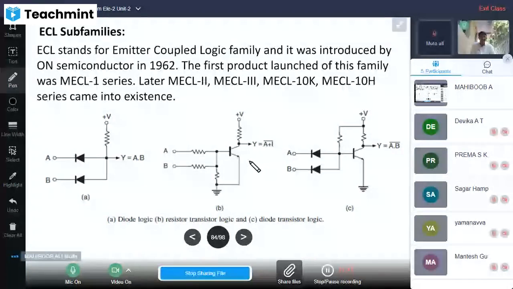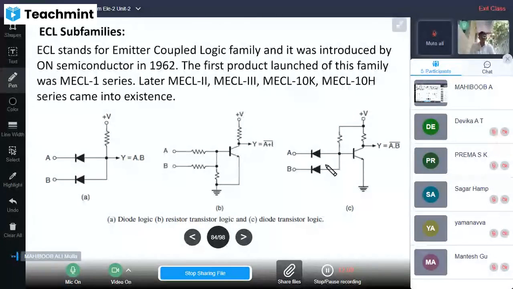Here Y is equal to A plus B complement, a NOT operation. In this way it is manufactured. See, whatever may be the gate, the technology is important here.